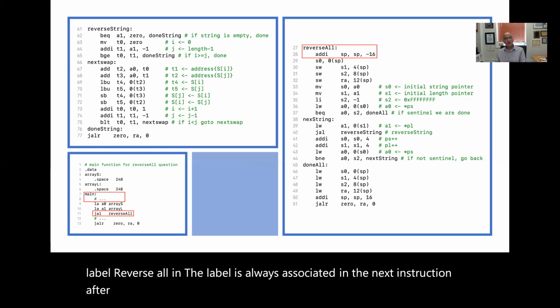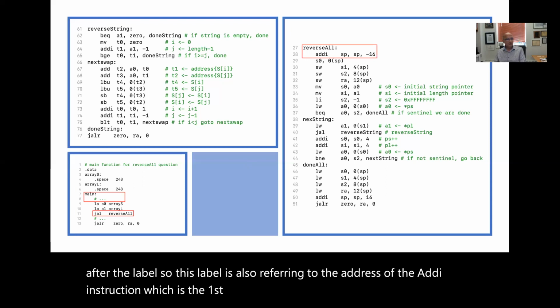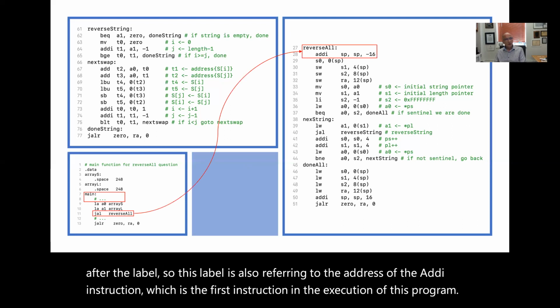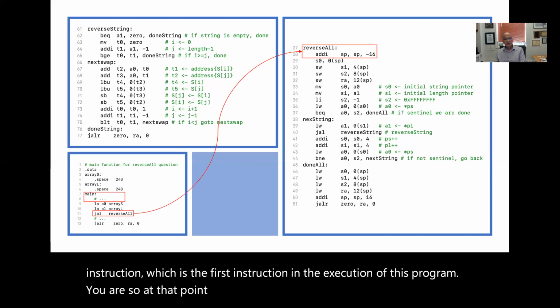So this label is also referring to the address of the addi instruction, which is the first instruction in the execution of the function reverse all. So at that point, the execution will be transferred to the reverse all function.